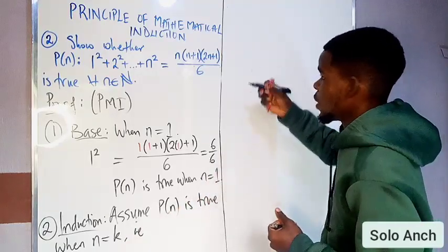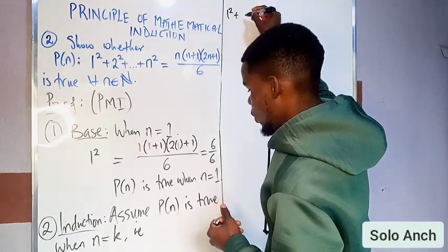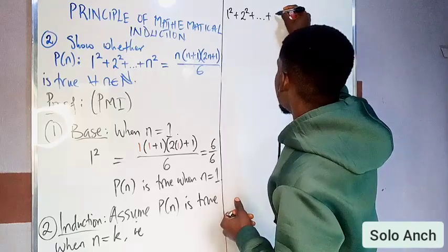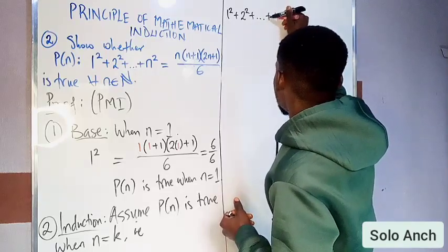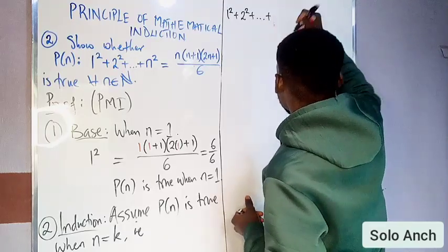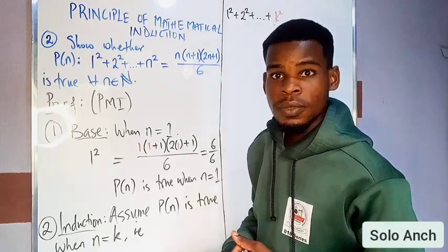Right? That's the way the number of terms will be k. So we're going to have 1 squared plus 2 squared, and so on and so forth, up to k squared. Okay, coming up to k squared. I don't like the way that k is written.